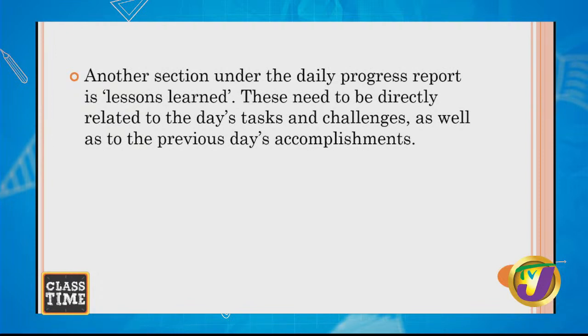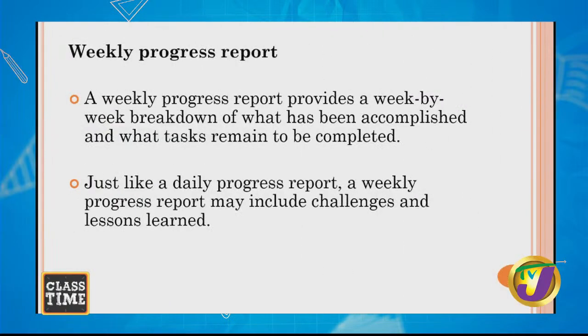These need to be directly related to the day's tasks and challenges as well as to the previous day's accomplishments. Weekly progress report. A weekly progress report provides a week-by-week breakdown of what has been accomplished and what tasks remain to be completed. Just like a daily progress report, a weekly progress report may include challenges and lessons learned.